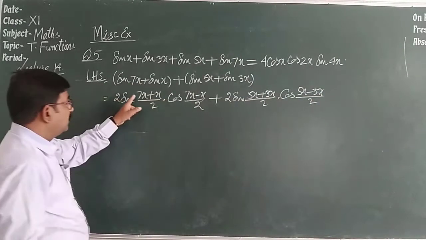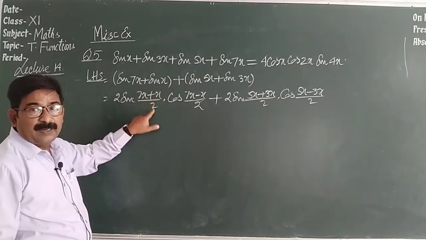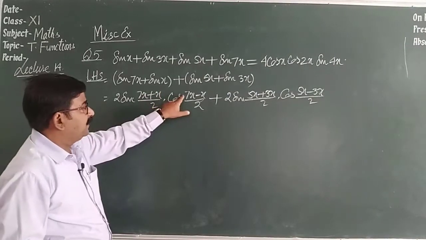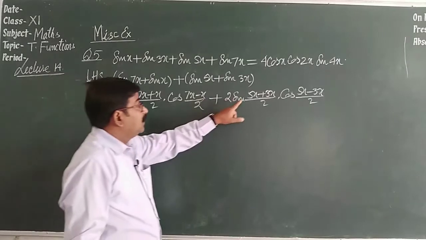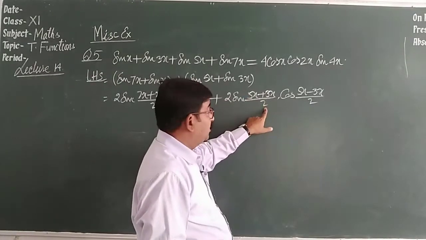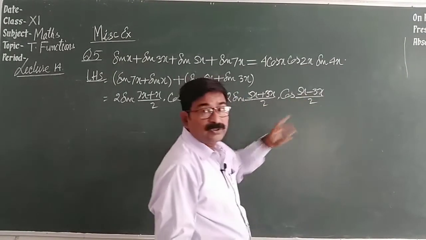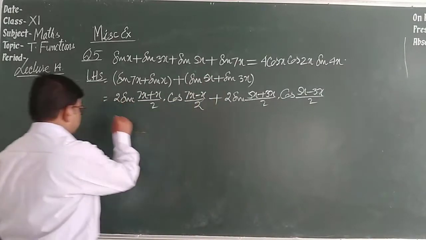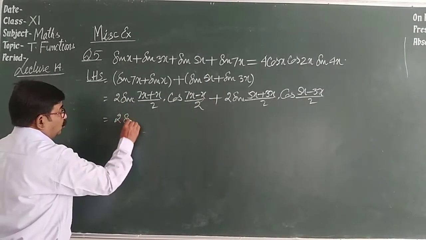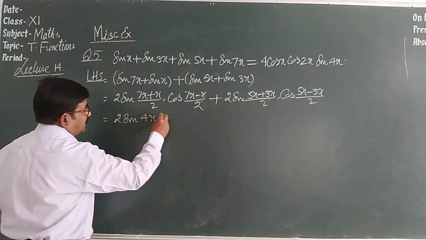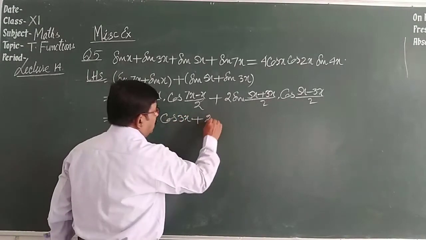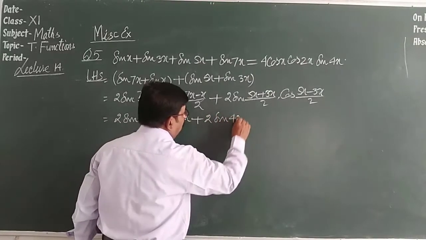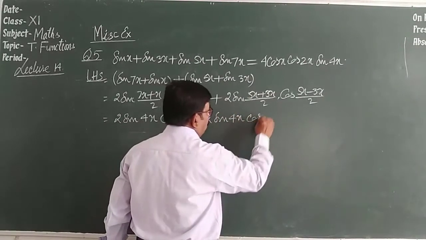Let's see what happened. 7x plus x, 8x by 2 is 4x. Here 7x minus x is 6x, by 2 is 3x. 5 plus 3 is 8, by 2 is 4. Here 5 minus 3 by 2 is 1. So I am writing 2 sin 4x cos 3x plus 2 sin 4x cos x.